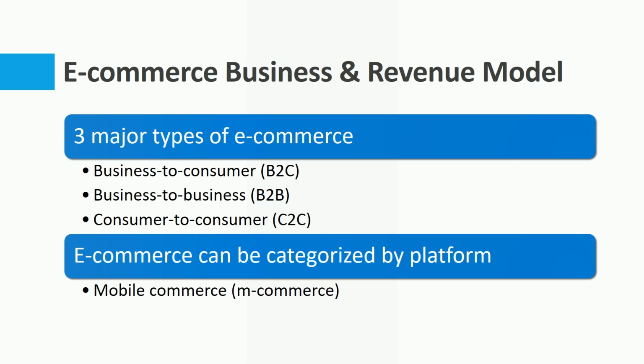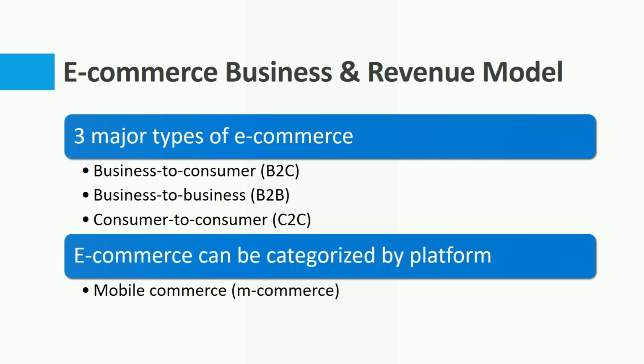So, I will introduce some of the types of e-commerce. We have three major types of e-commerce. The first one is B2C, business to consumer, and then B2B, business to business, and the last one is called C2C, consumer to consumer.